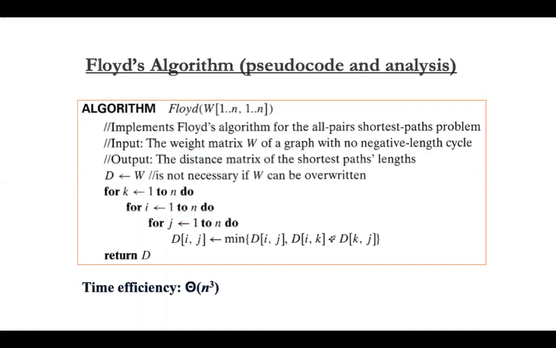So one more for loop will be there, for k. This k value represents the intermediate vertex value. The i and j values represent the output matrix dimensions. From D0 it will be D1, then the next matrix.